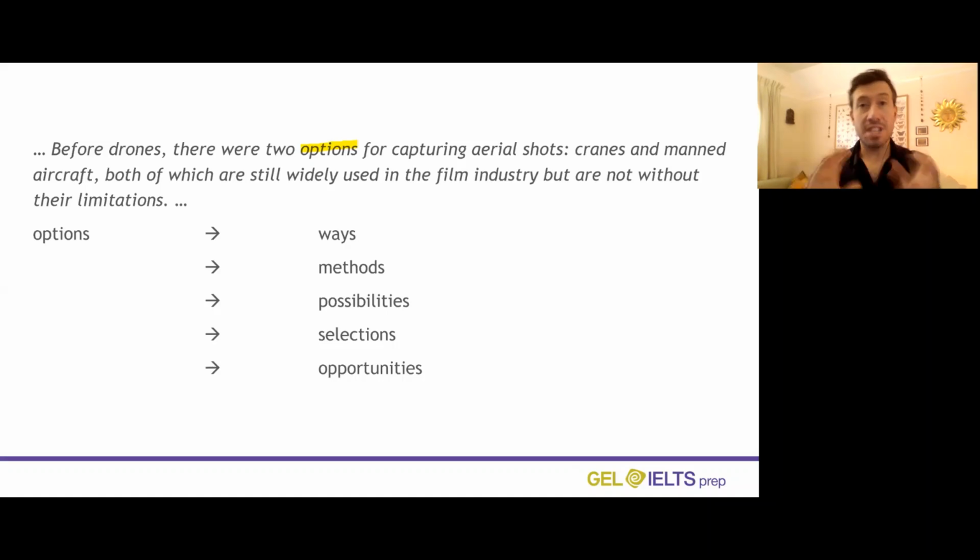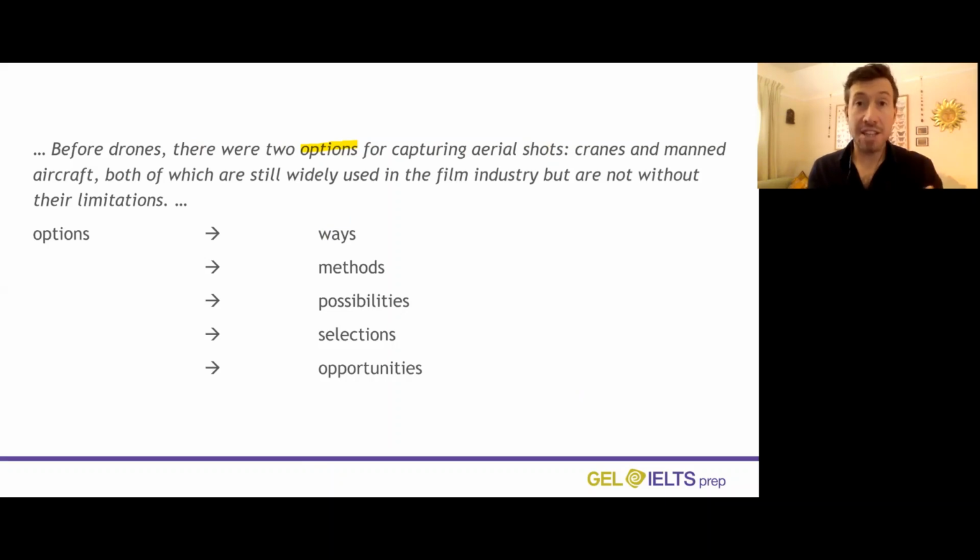Now, in different situations, all of these are synonyms for options, but we only want to focus on which are synonyms for this context. So what we need to do is replace the word options here and see if the sentence still makes sense. Before drones, there were two ways for capturing aerial shots.